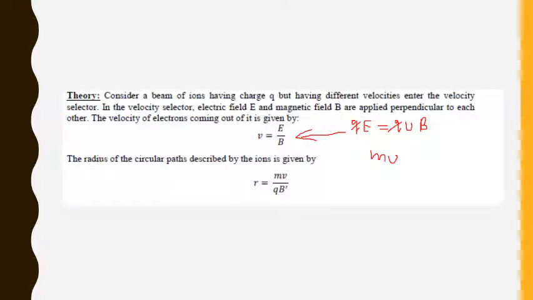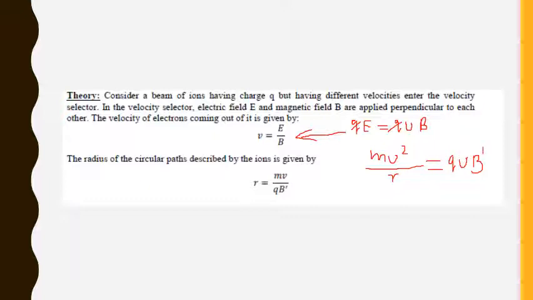The centripetal force is mv squared upon r, and this centripetal force will be given by qvB in the second chamber.